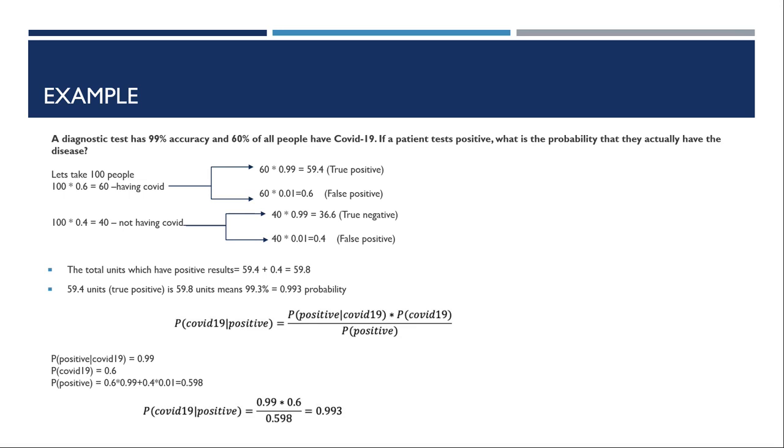Finally, the total number of positive results is around 59.8. So by using Bayes theorem, we can calculate the probability of the people who tested positive actually having COVID, which comes to around 0.993.